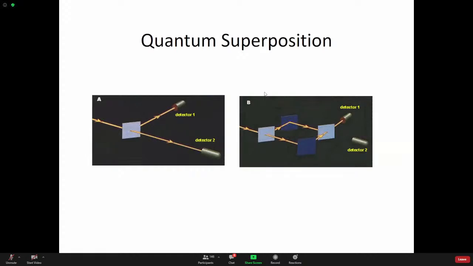Now, of course, if you detect after that, then you will just get random statistics, where each of the detectors will be firing half of the time if you repeat this experiment many times, but we won't be able to predict which of them will fire at each experiment. In order to demonstrate that this really is due to the quantum superposition, it's not enough, of course, to detect.